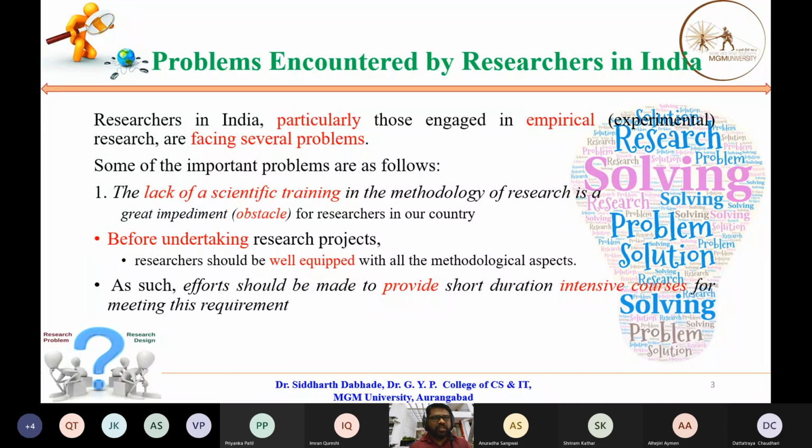I will just share one story. One of my friends was working in botany as a research scholar, and he wanted to find some solution for cancerous cells. For that he wanted to do research work, and he needed some chemical compounds.